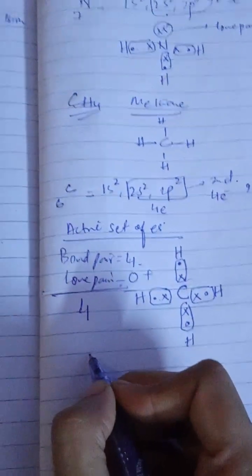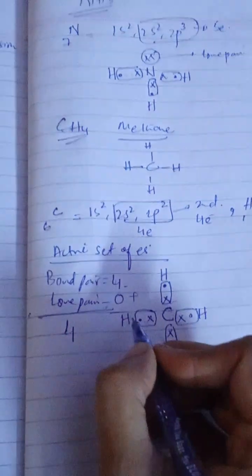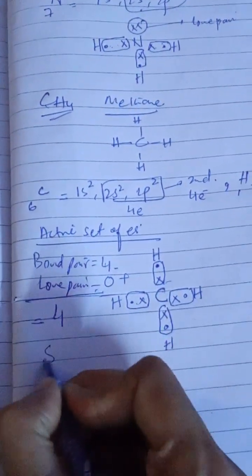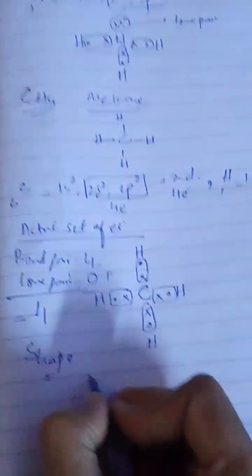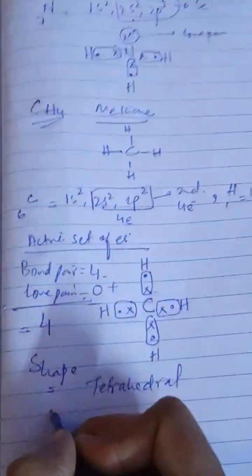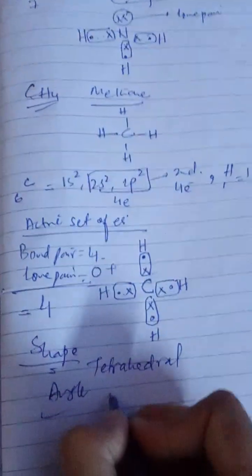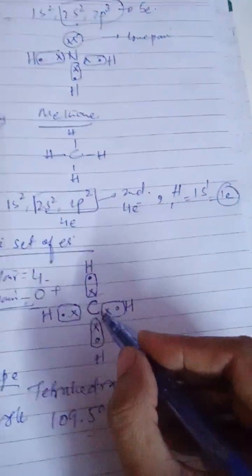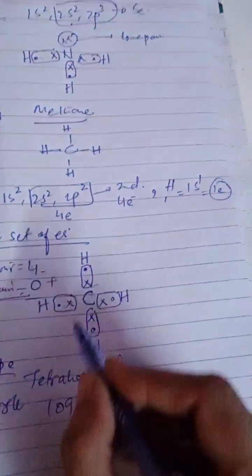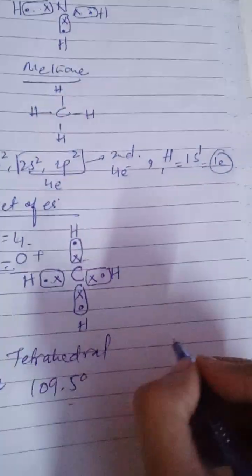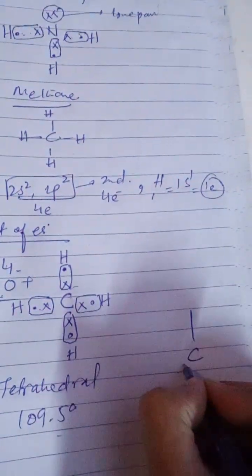As far as the shape of the molecule is concerned, if we have an active set of electrons of 4, then the shape will always be tetrahedral and the angle will be 109.5.